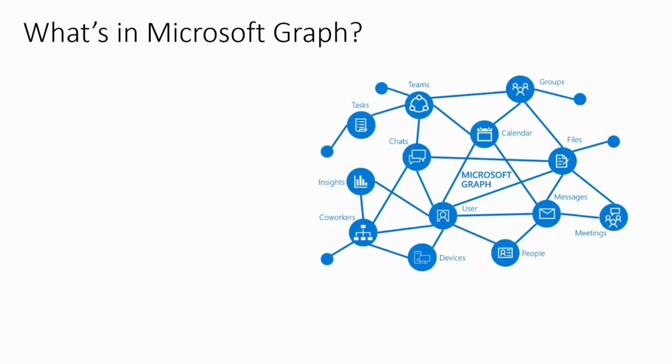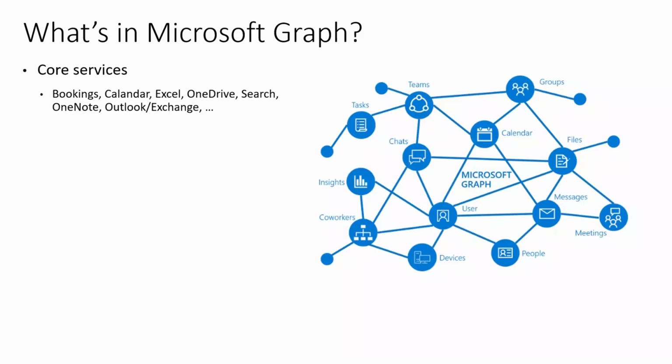Then the question is, what is the graph then? Well, you do have the core services like Bookings, Calendar, program data like Excel, OneDrive, etc., Search, OneNote, Outlook. In the old world with Win32 APIs and the Office APIs, you could manage the data that way and access it.